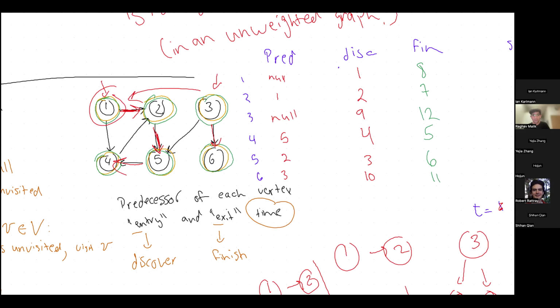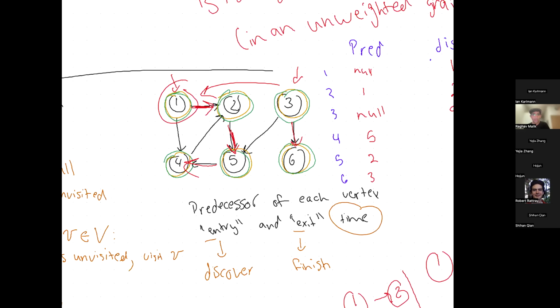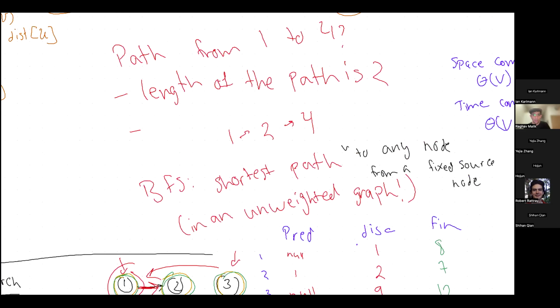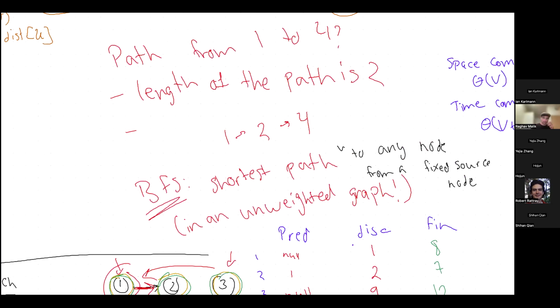Right. So the nice thing about depth first search, because the thing that we care about when we're doing a breadth first search is what can I reach from the source node and what's the shortest way to get there, right? So it doesn't make sense to do a bunch of stuff for one source node and then pick another source, right?